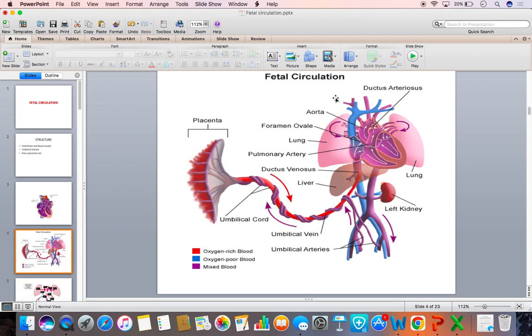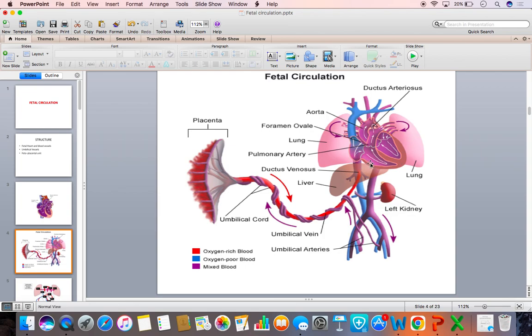Superior vena cava draining the head and neck and the upper extremities brings the deoxygenated blood to the right atrium, which empties its blood through the tricuspid valve into the right ventricle. This is similar to the adult circulation and this part of the fetal circulation.